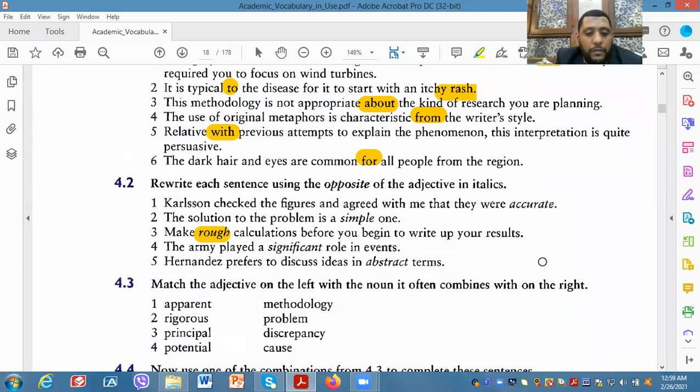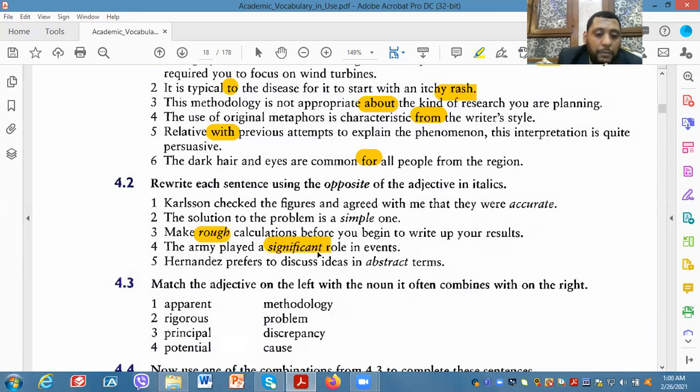Number 4, the Army played a significant role in events. By looking at this sentence, we will find out that significant is the one that's been written in italics, so we can see that this is the word or the adjective that should be replaced with its opposite.